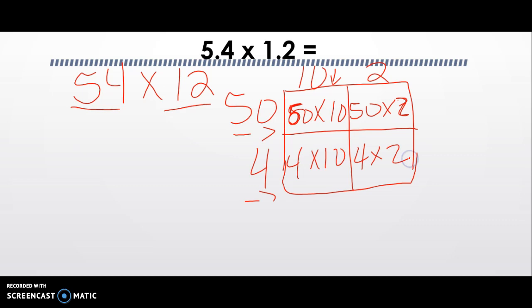And there. So now I need to multiply. Remember, you can look at what's not 0. 5 times 1 is 5. And then I have 2 zeros in the box, so I need 2 zeros in my answer. Next, I have 5 times 2 is 10 and 1 zero. Next, I have 4 times 10 is 40 and 4 times 2 is 8. And ready to add.